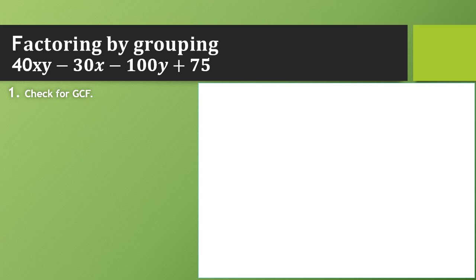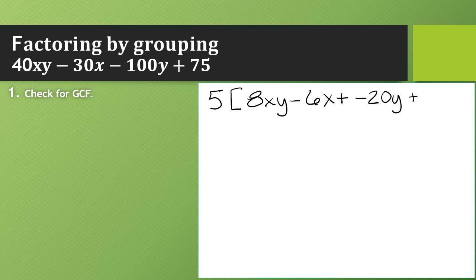So I'm going to check for my greatest common factor, and I realize that we have a GCF of 5, so I'm going to GCF out a 5, which leaves me with 8xy. 30 divided by 5 is 6x. Here, my third term is negative, so I'm going to write that as plus a negative. 100 divided by 5 is 20y, and then 75 divided by 5 is 15.